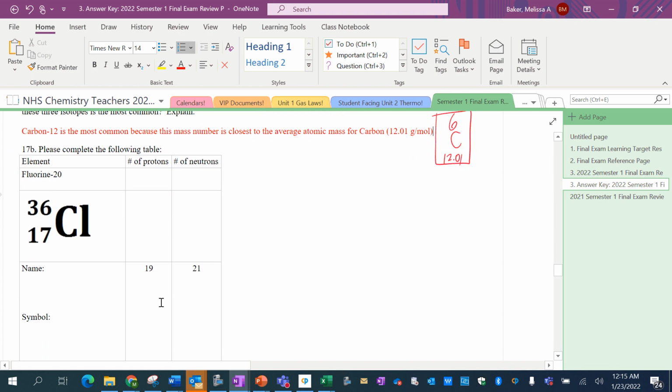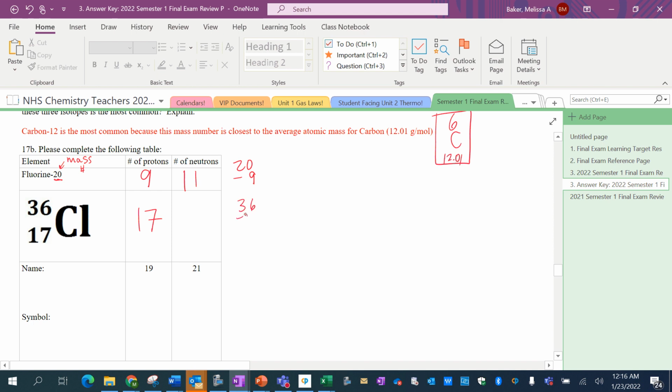Okay, please complete the following table. Fluorine, I just have this memorized, as number 9. And the dash 20 means its mass number. So for number of neutrons, we need to subtract 20 minus 9. It's 11. Chlorine, it's number 17.